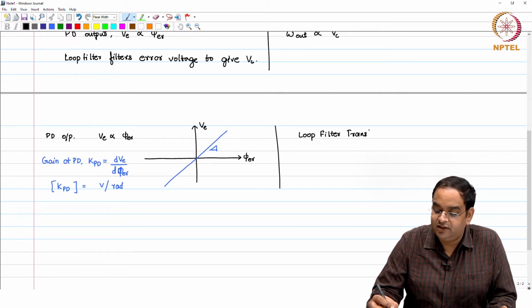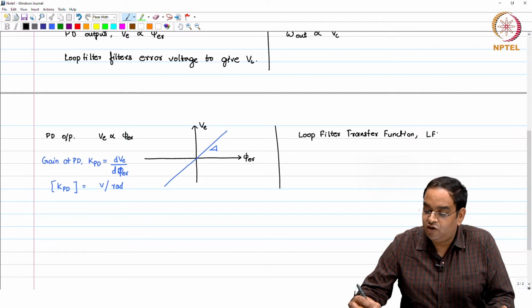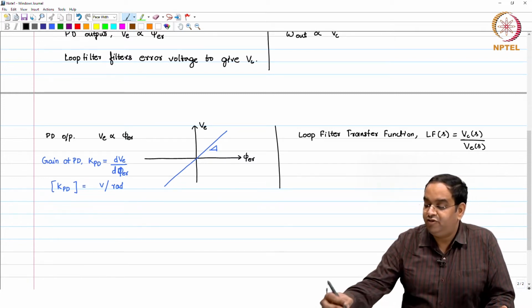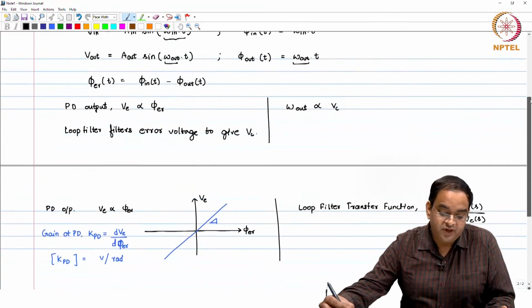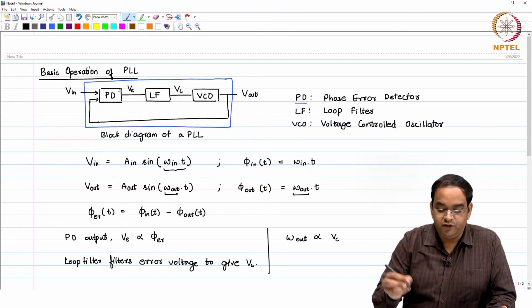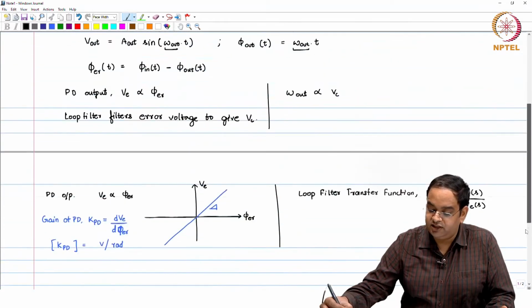I can write the loop filter transfer function LF(s) as Vc(s) by V_error(s). Here s signifies the Laplace transform. Whatever voltage you get at the input of the loop filter, you filter and you get the voltage.